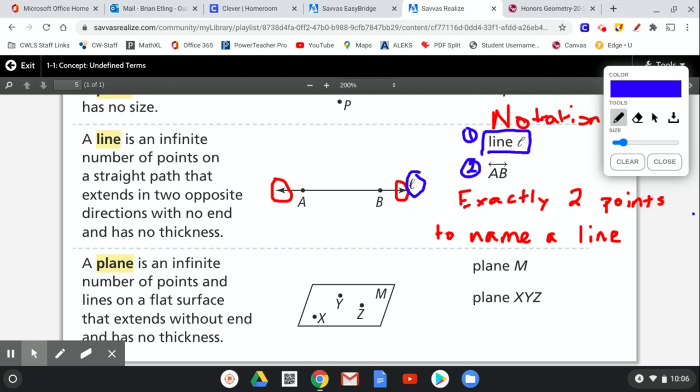So that's what a plane is. When we are naming a plane, if you notice here, we have plane XYZ. X, Y, and Z all have a dot next to them, denoting that they're points. When we're naming a plane, we need exactly 3 points to name a plane.